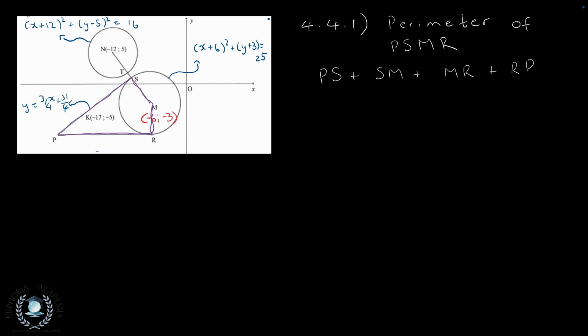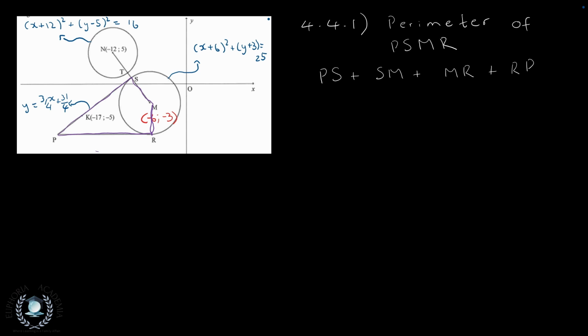We need to find what this is going to equal. Now let's see what values we need and what values we have. PS, that's something that we don't have.